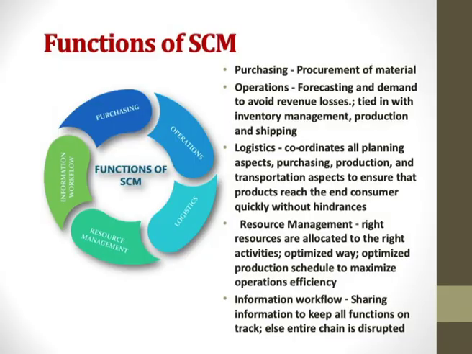Now, whatever elements we have spoken about, transportation, inventory, location, etc., all these have these functions in common: purchasing, operations, logistics, resource management and information workflow. Purchasing deals with procurement of material. So, whether raw material or packaging components or other component parts that go into the finished products, they have to be purchased.